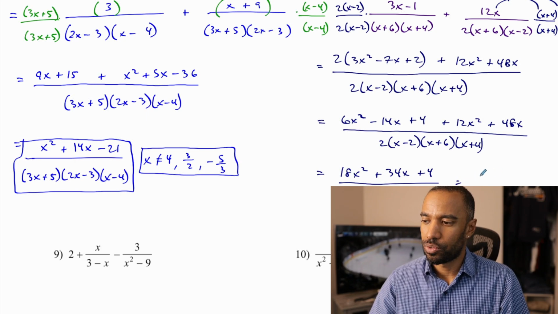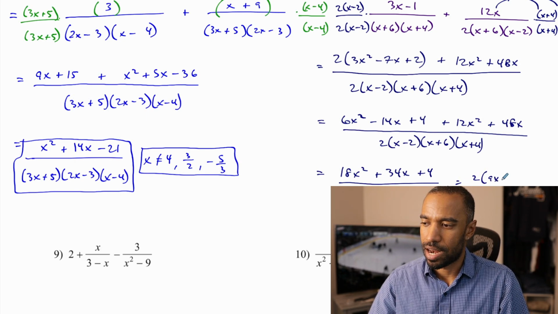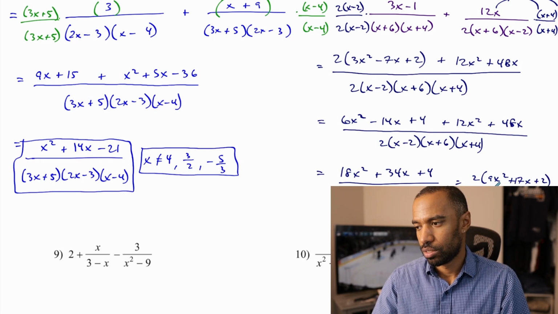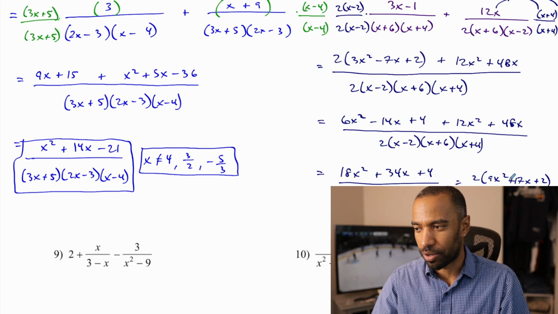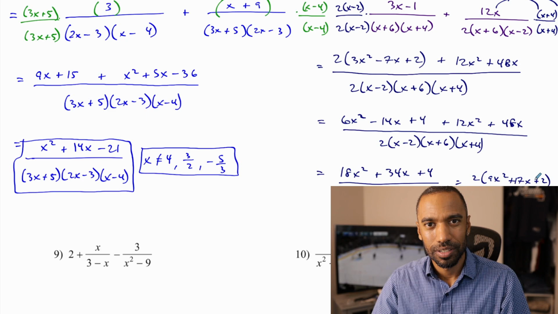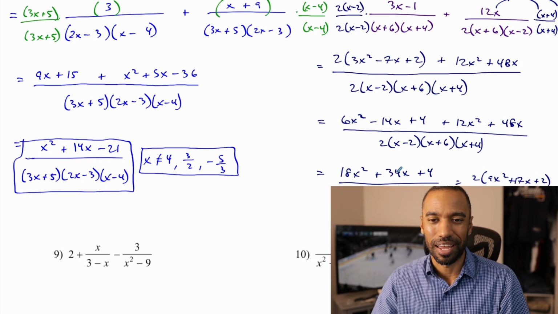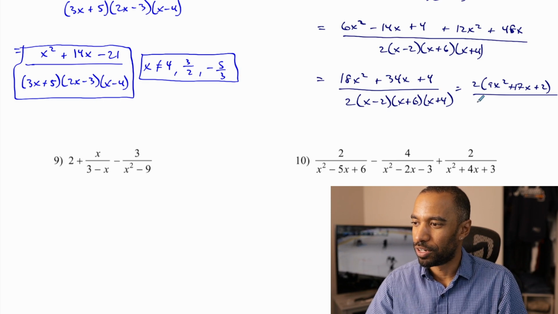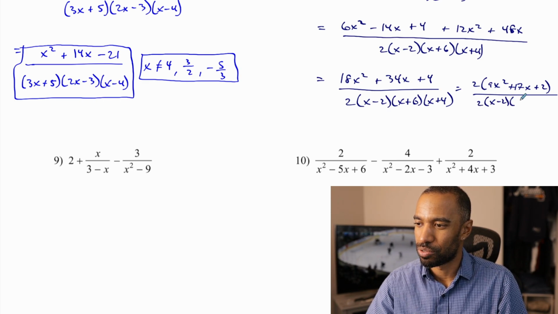All right, so factor a 2 out. We get 9x squared plus 17x plus 2. Whew, that could have been factorable, I think, if this was a minus 2. I almost want that to be minus 2. I'm not sure if anything would cancel from there. Oh, sorry if you couldn't see that. Over 2 times x minus 2 times x plus 6 times x plus 4.